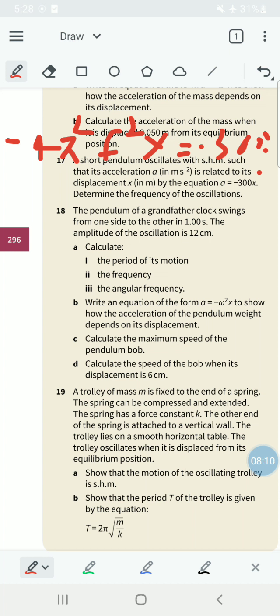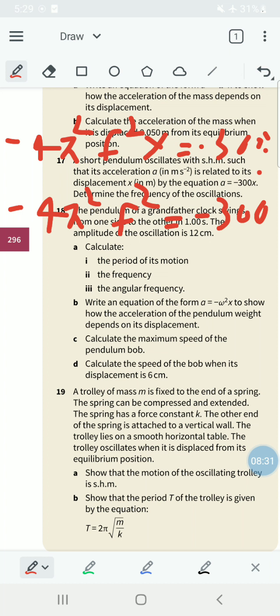Then this x to x gets cancelled out, as you can imagine. Then you are left with negative 4 pi squared f squared is equal to negative 300.